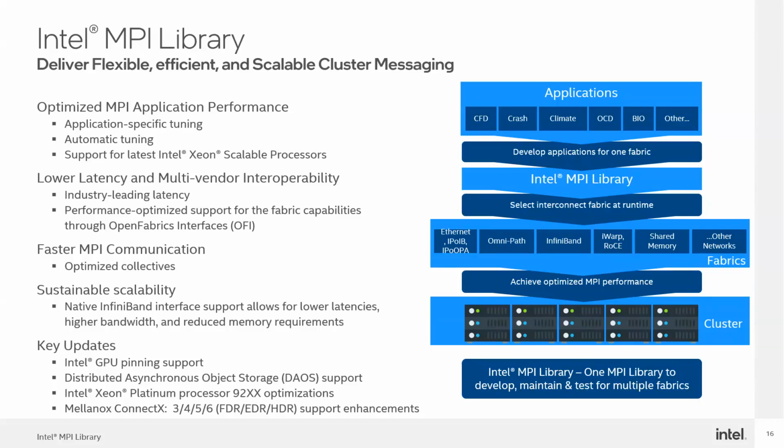And you have the interface with OpenMP that is really well managed. And so in the latest library, you have a lot of improvements, especially for Mellanox ConnectX and the various versions of the interconnect like FDR, EDR, HDR.